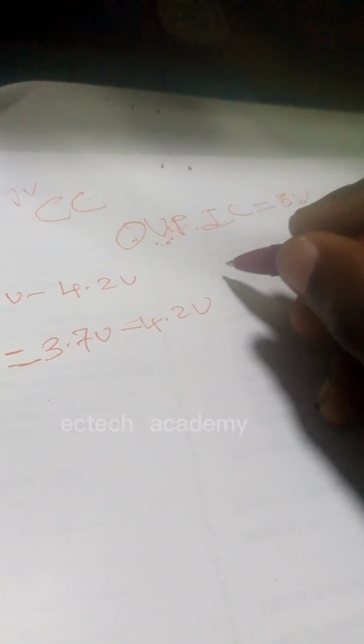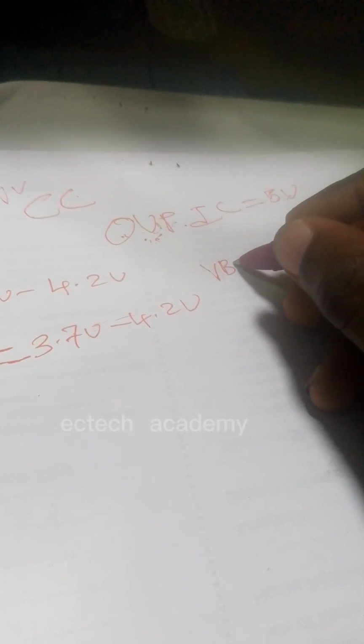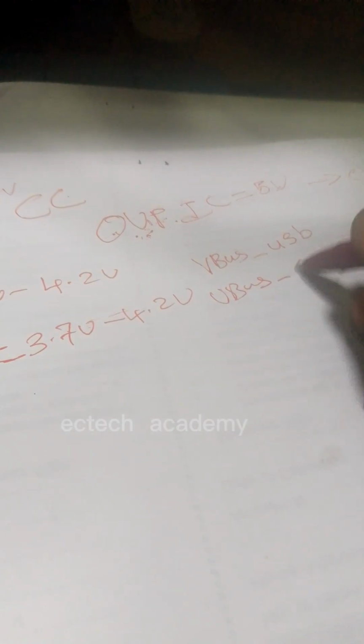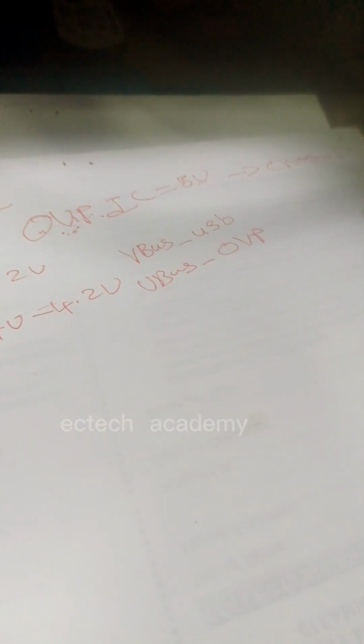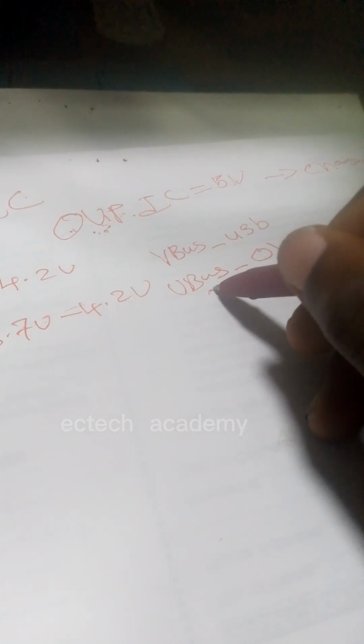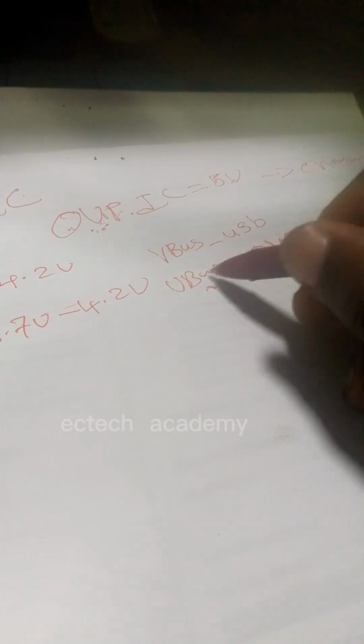But when this 5 volt passes through this OVP IC, because it has passed through another process, you will see something on your schematic like VBus USB, or you can see something like VBus OVP. Hope you understand. It's telling you that this VBus has passed through the OVP IC process.